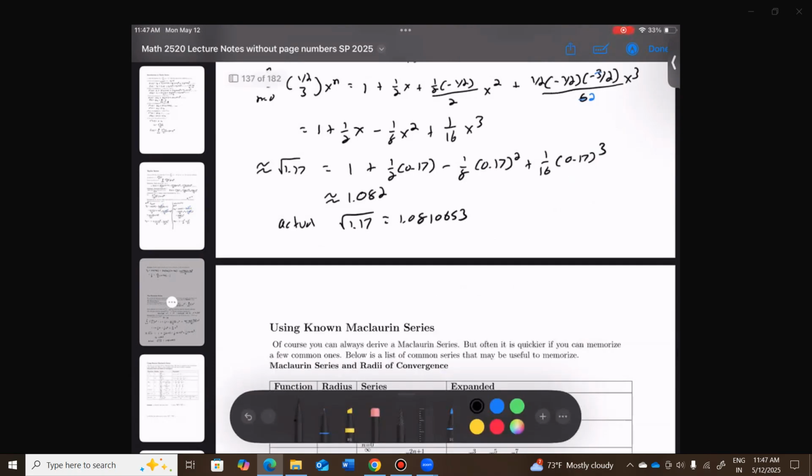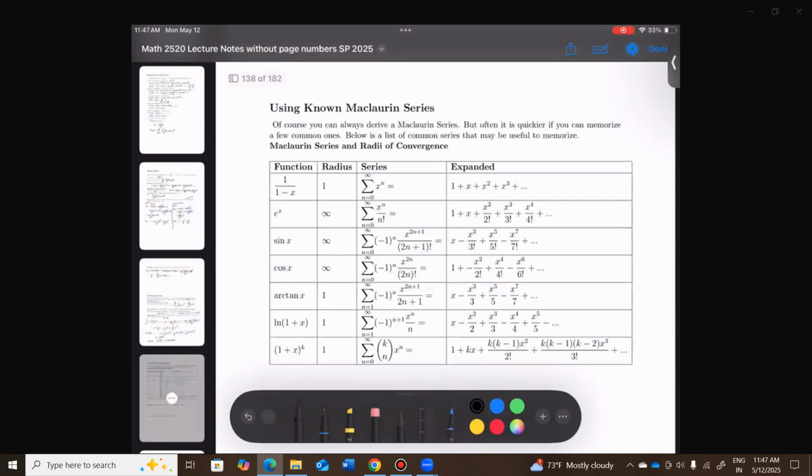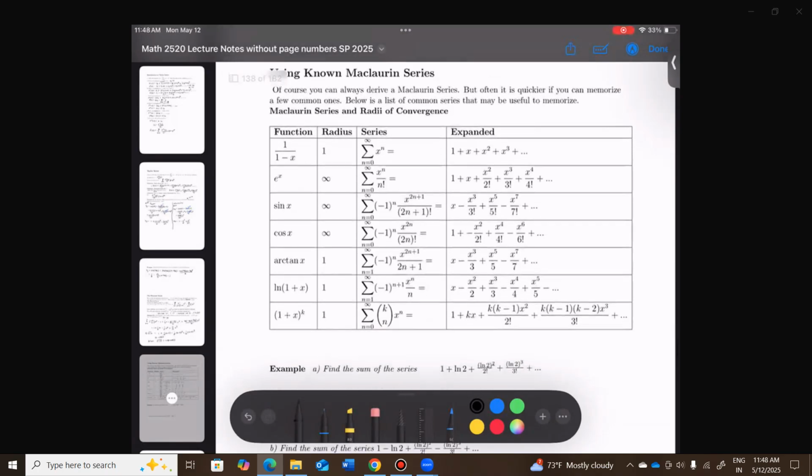Now, you can always derive a Maclaurin series, but often it's quicker if you can memorize a few common ones. So here are some common ones to memorize, and the radius of convergence.